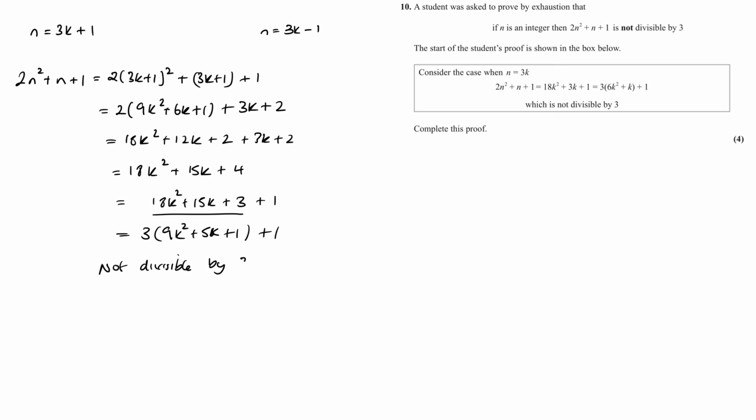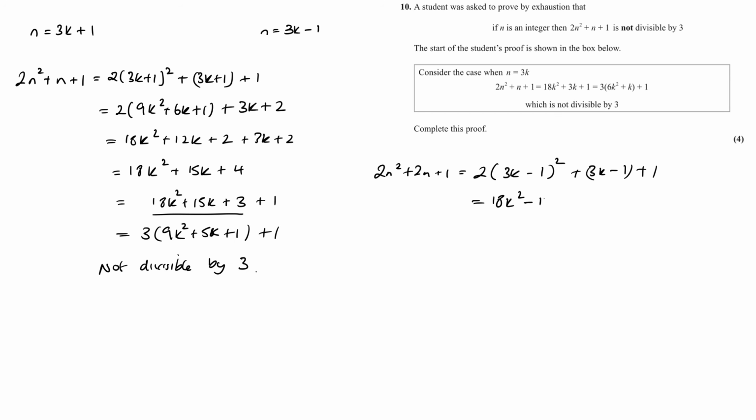And then we do the same for 3k minus 1. So 2n squared plus n plus 1. So 2 lots of (3k minus 1) squared, plus 3k minus 1 plus 1. Because of the minus, and I'm just going to jump a couple of steps here, we get 18k squared.